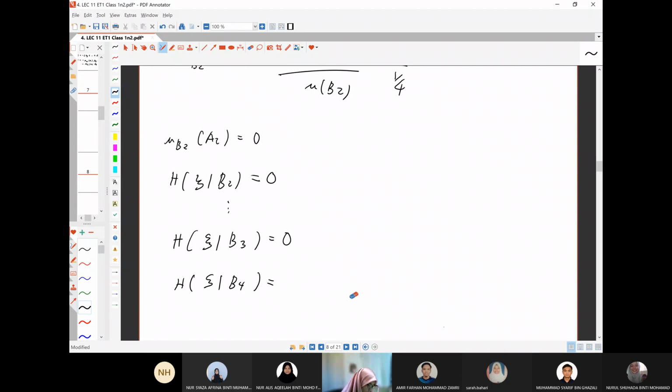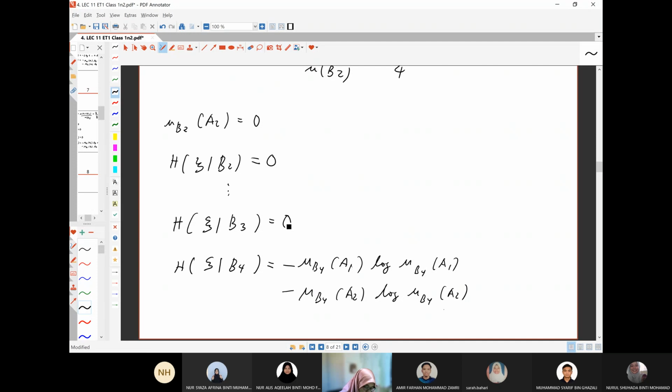Try. So let's look at minus mu b4 of a1 log mu b4 of a1 minus mu b4 of a2 log mu b4 of a2. So first you find mu b4 of a1, what do you get? Zero. mu of a1 intersect b4 over mu b4, you got 0.